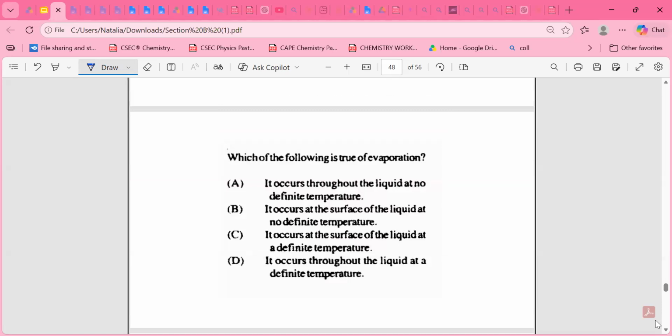Oh, well, I'm recording, so I'll send him the recording. No problem. Which of the following is true of evaporation? We did this already. It occurs at the surface and at no definite temperature.